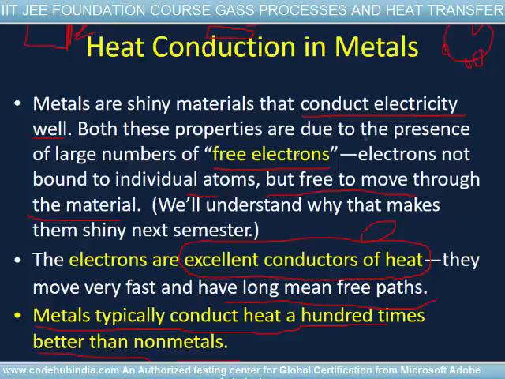Most of the transition elements at the center of the periodic table, this is the transition element region at the center. Okay, at the center, all the elements are conducting, more conducting.